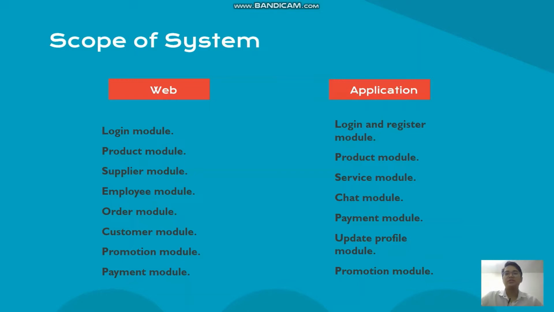And then for the employee, it will be the same as product also, which is add, delete, view, and update. And then the order module is for manager only, where the manager can send an invoice to the supplier.